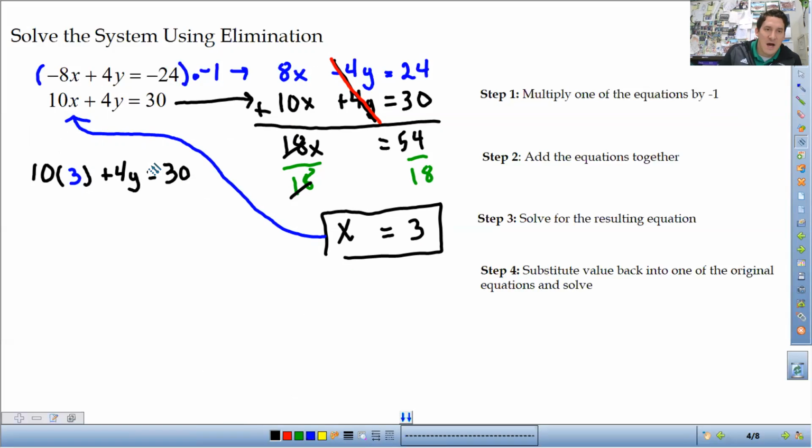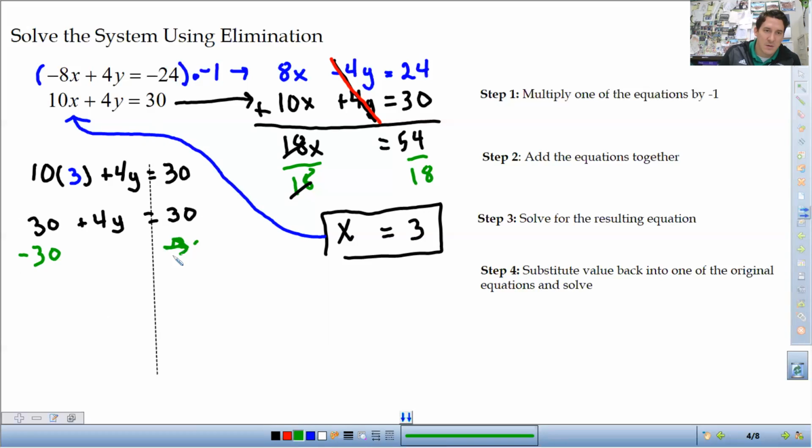So now just solve the equation. Multiply out, 10 times 3 is 30, plus 4y is equal to 30. Eliminate the 30 on the left side, so I'm going to subtract 30. Minus 30, this cancels out.